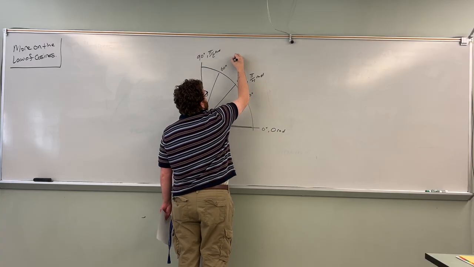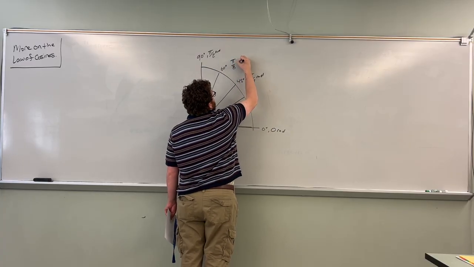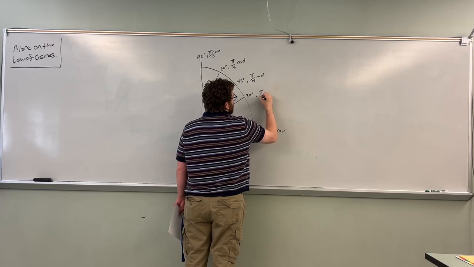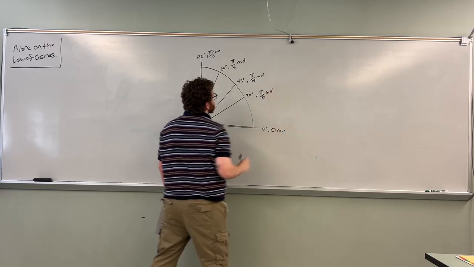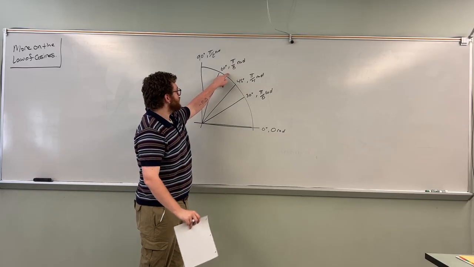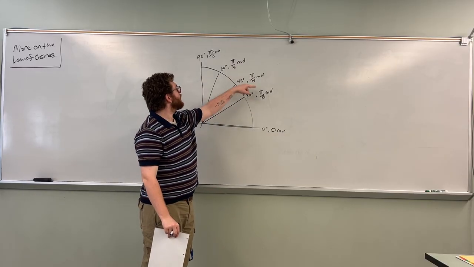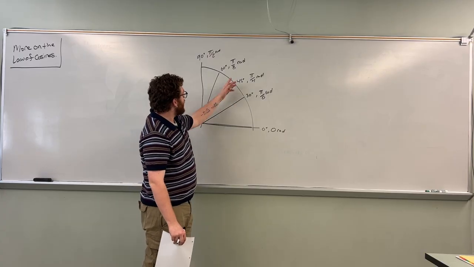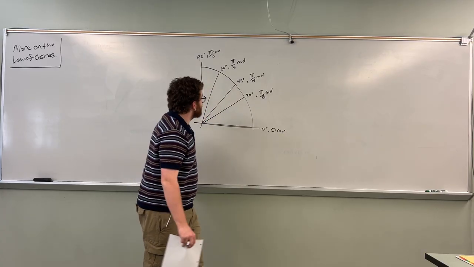This will come out to be pi over 3 radians, and this will come out to be pi over 6 radians. That's a 6 there. It makes sense. 60 is twice this, so the radians should be double each other. And then this is just halfway in between these points, so that's how you could think of it as well.